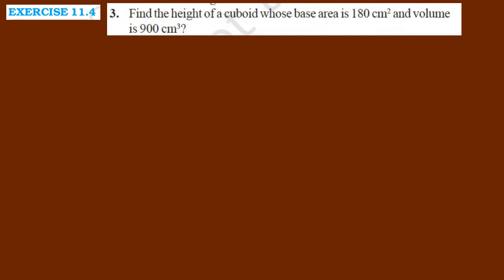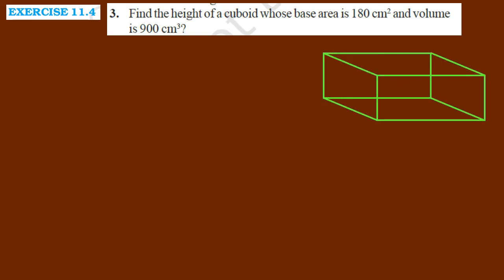Find the height of a cuboid whose base area is 180 centimeters square and volume is 900 centimeter cube. Yes. So base area is given, which is equal to 180 centimeters square. And what is volume? We know that it is L into B into H. What do you mean by this L into B?